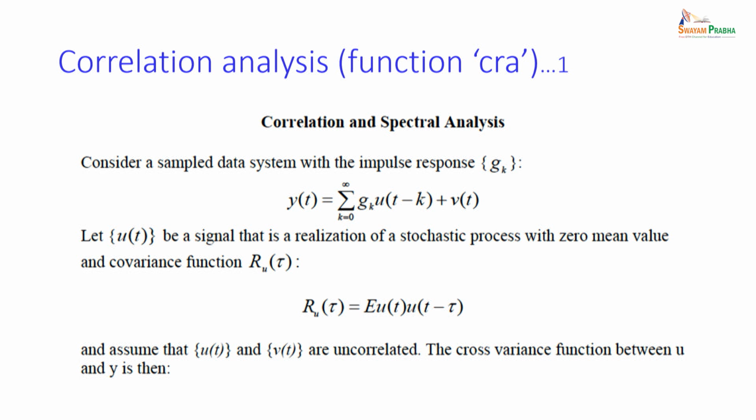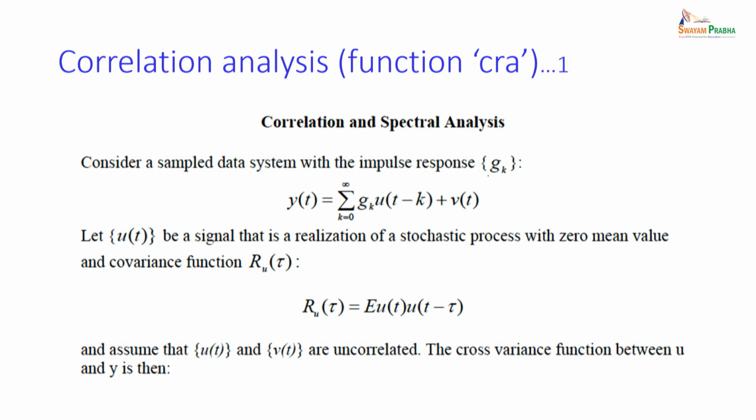Now before we look at the identification steps, let's analyze the function CRA. CRA stands for correlation analysis, or correlation and spectral analysis. With a slightly different notation, consider the following sampled data system with an infinite order impulse response.